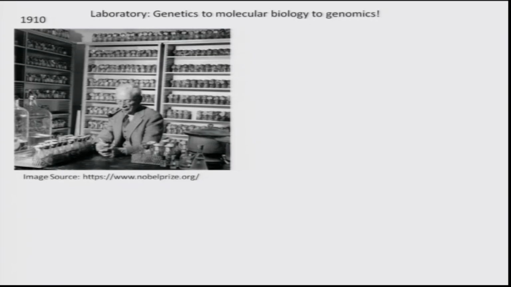What I am showing here is a photograph from Morgan's lab, where one of his co-workers is studying Drosophila genetics. All you see at the back rack, where the bottles are kept, are different strains of bacteria, Drosophila being maintained there. That is how genetics began.